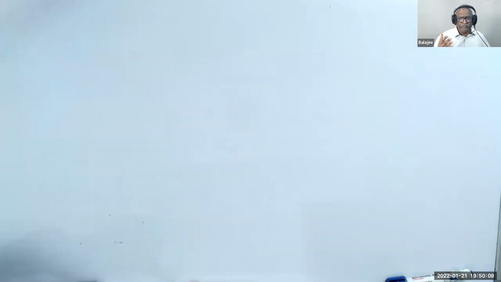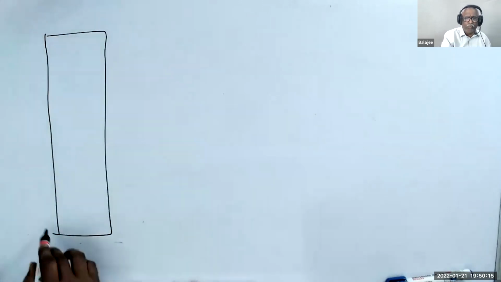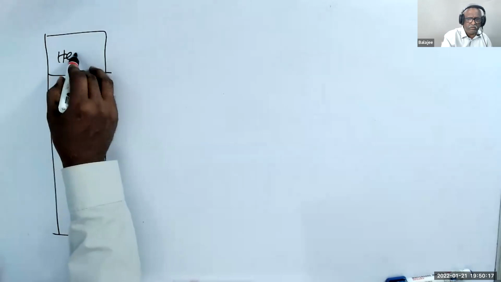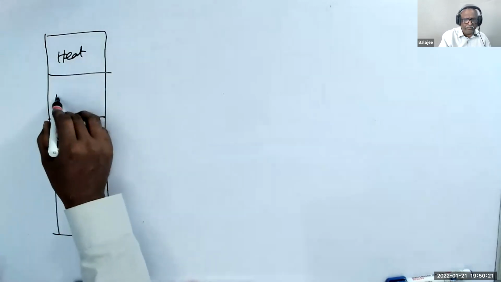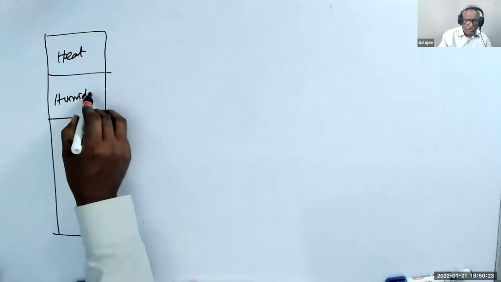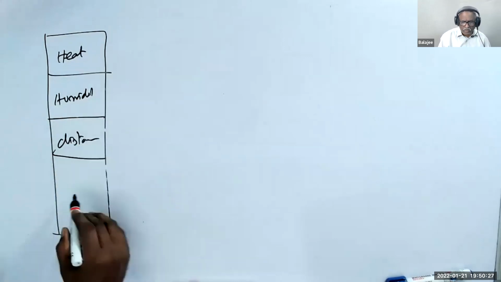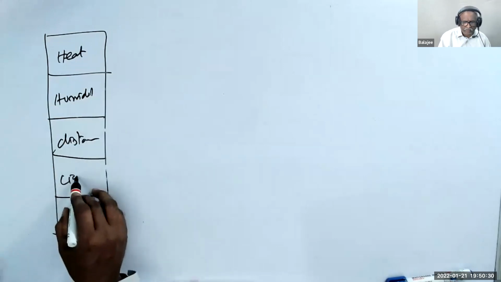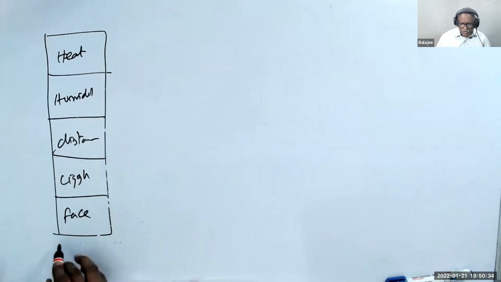So what generally we do here is, we have so many parameters outside. Could be heat, humidity, distance, light, phase, speech.